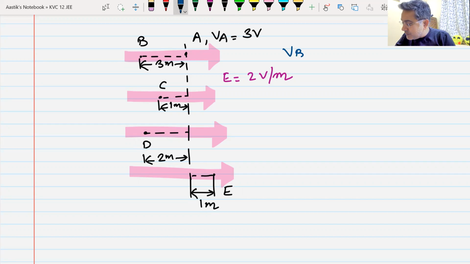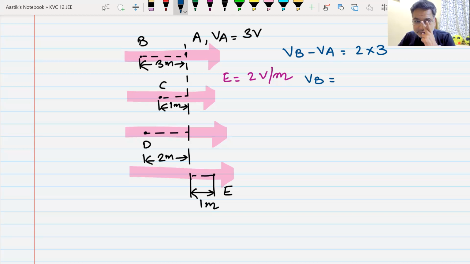So I can write VB minus VA will be equal to 2 multiplied by 3. And VA is 3 volts. So the value of VB will be plus 9 volt. Not minus 3. Everyone understands this? Electric field always goes from a point of higher to lower, not lower to higher.